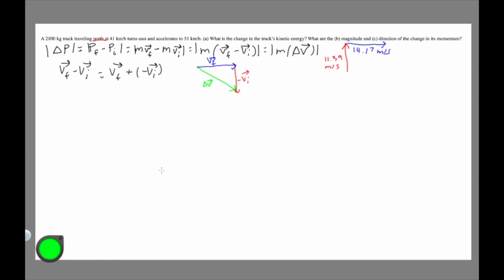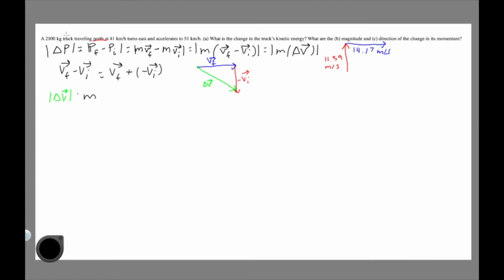Now the magnitude of the change in momentum will be the magnitude of delta V times the mass of the truck. That's going to give us the magnitude of the change in momentum of the truck.